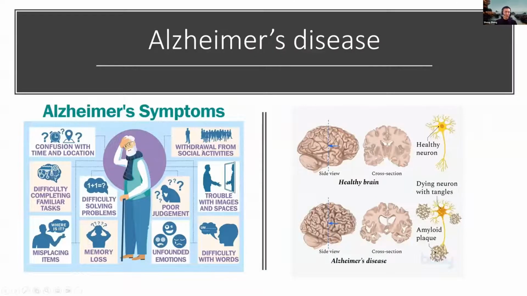A very brief overview of some of the symptoms and pathology of this unfortunate disease. People with Alzheimer's start to be confused with where they are and what time it is. They start to forget what year it is, whether they are in US or in China. They don't know who's the president.